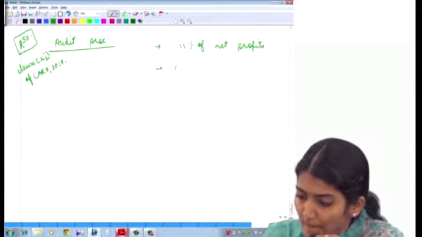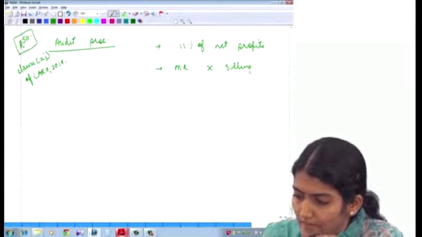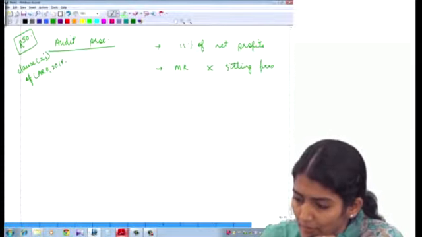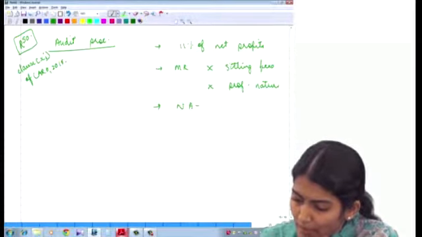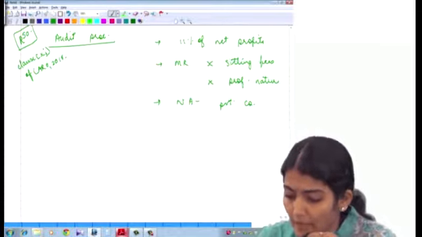Then what does it say? Managerial remuneration will not include the sitting fees, and it will not include the fees for rendering services of a professional nature. Then managerial remuneration is not applicable to a private company. Then what does it say?